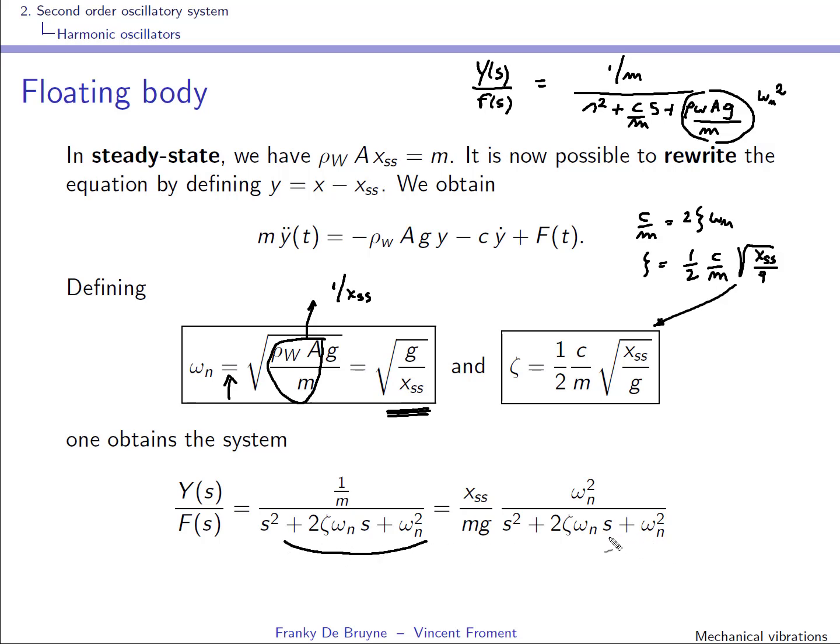We would like to write it as usual using the canonical form of the harmonic oscillator, okay, because it has a steady state of 1, and then we have to adapt things a little bit to take into account that we have taken this term over here, and we obtain here the static gain of this particular system.